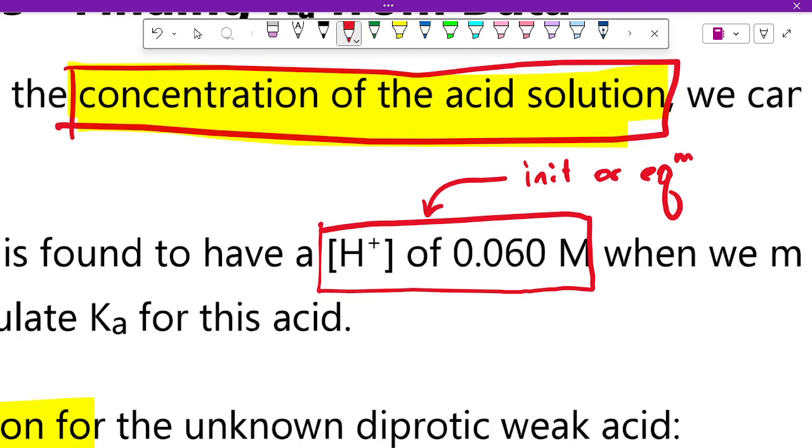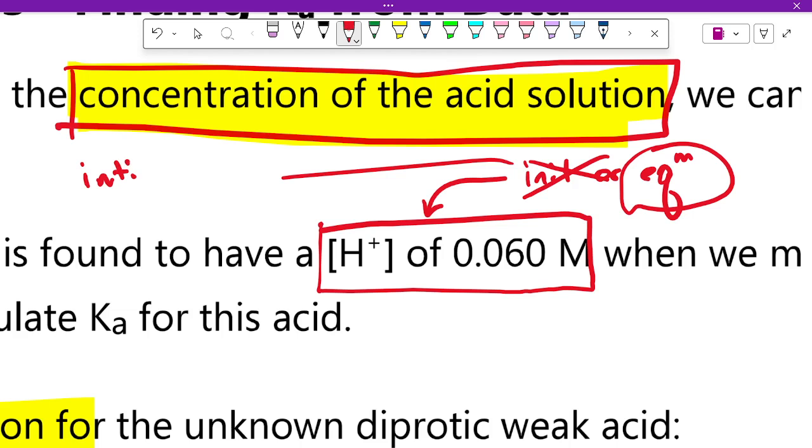So the initial concentration of hydrogen is still 0. So what is this, initial or equilibrium? Equilibrium. Because the initial concentration of H plus is always 0, because at the start, none of it has dissociated.